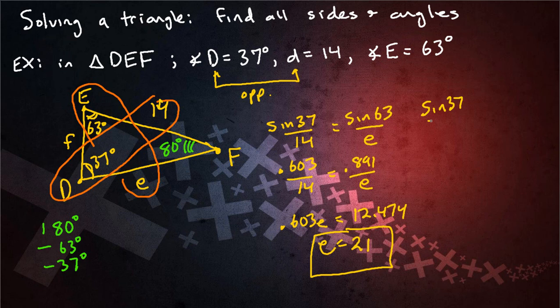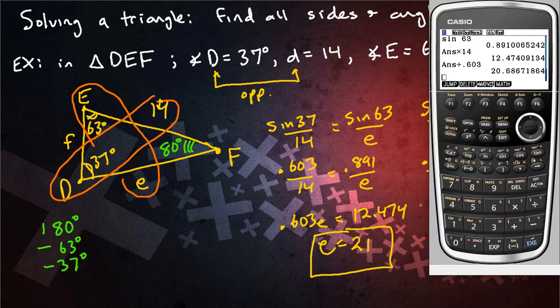So I have sine 37 over 14 equals sine 80 over little f. I'll put that sine 37 in my calculator, but I already did that, so just copy that over. And now I need the sine of 80. And I get 0.985.